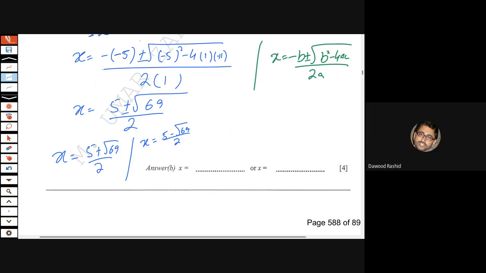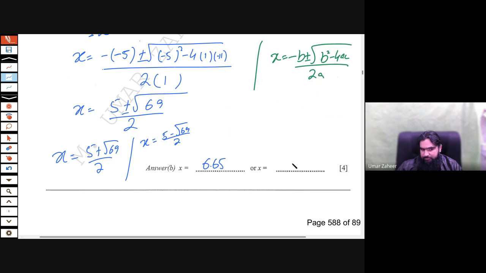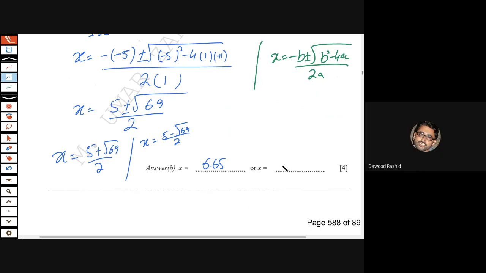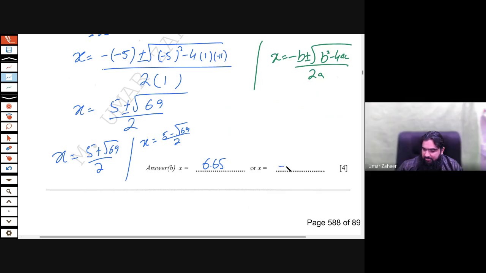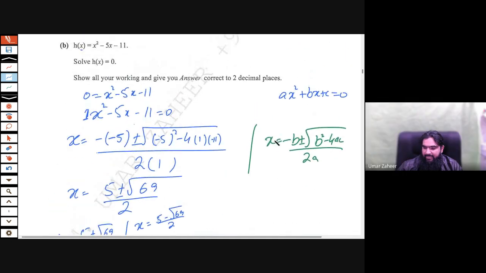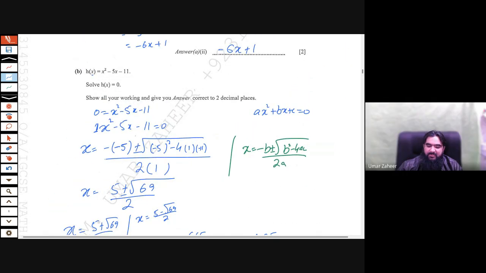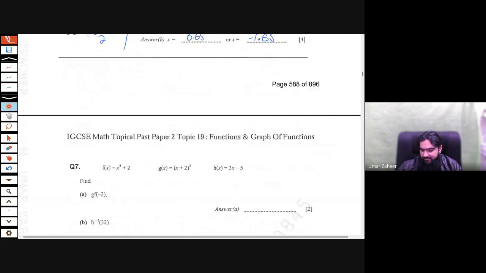The positive value is 6.65, and this is minus 1.65. Alright, so basically, it's a simple quadratic equation, but it is written in the form of functions. That's why it is here.